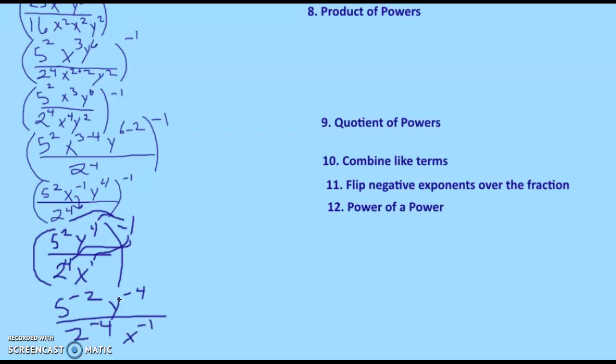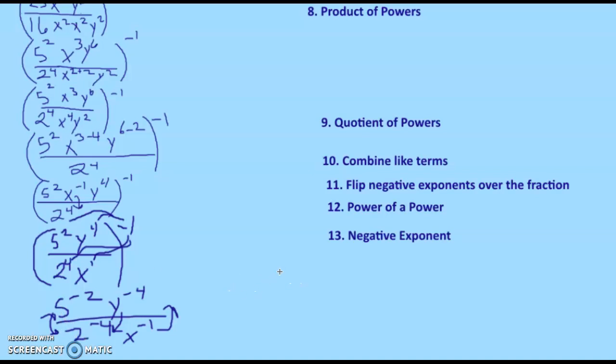Now notice every single one of these exponents are negative, so everything's going to flip over the fraction, over the bar. So the y is going to go in the denominator, the x is going to go in the numerator, the 5 is going to go in the denominator, and the 2 is going to go in the numerator. And that is our negative exponent rule.